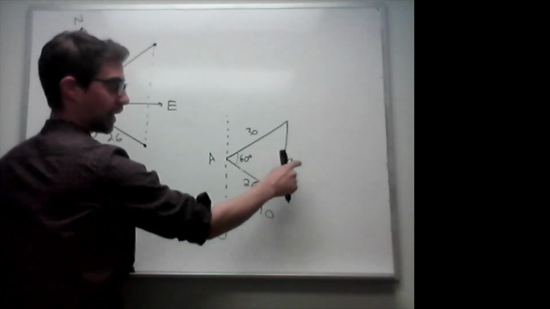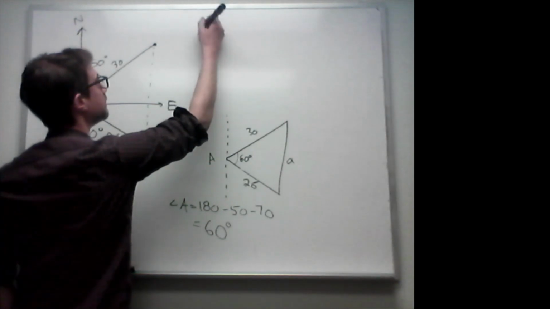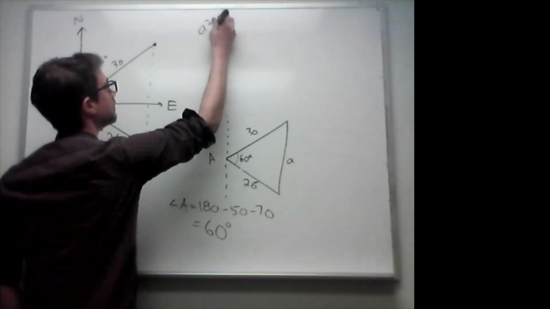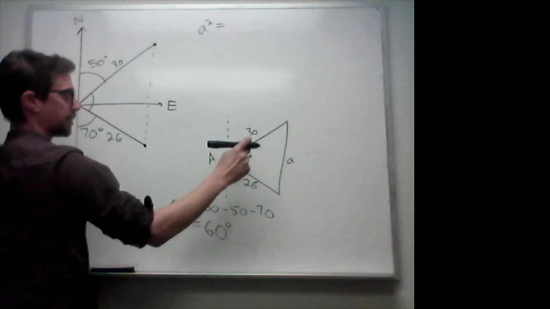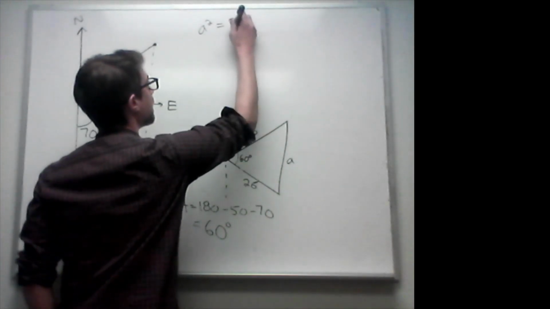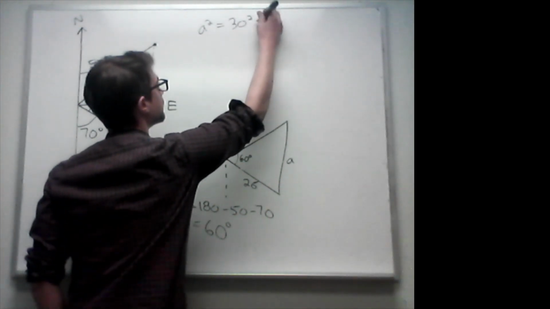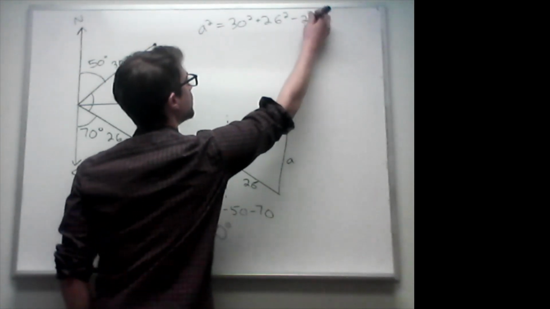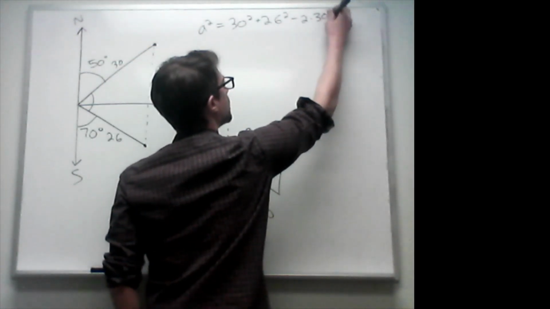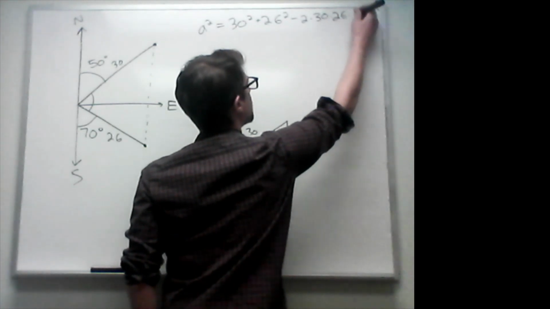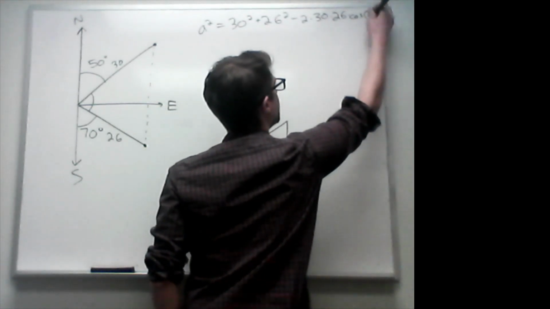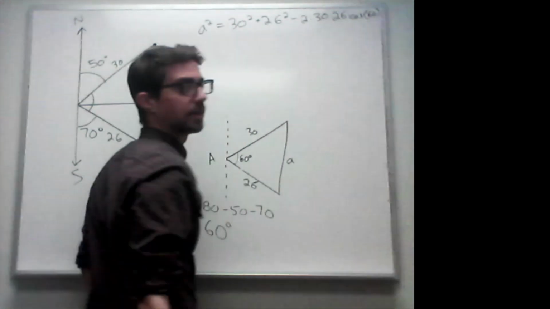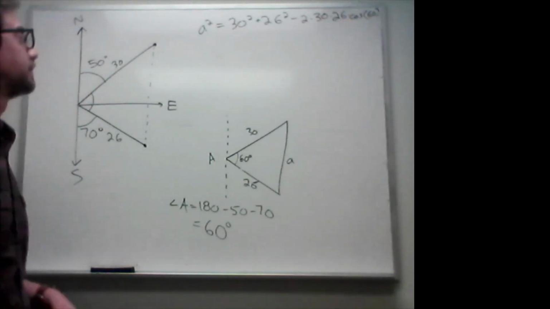A squared is 30 squared plus 26 squared minus 2 times 30 times 26 times the cosine of 60.